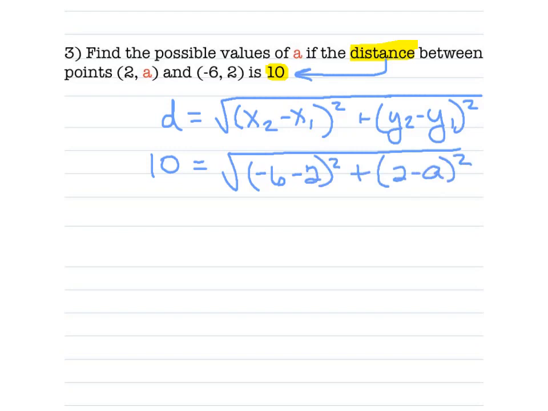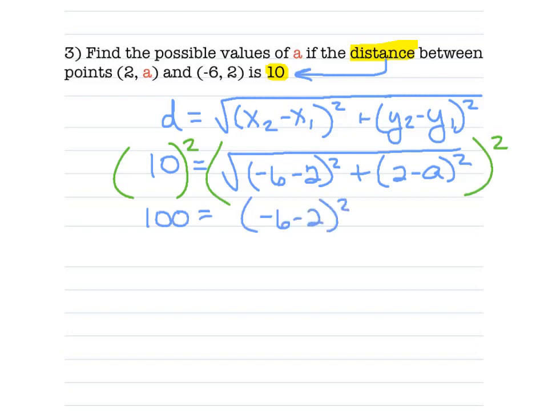Okay, to begin this problem, remember that our goal is to solve for a, which is within two grouping symbols. It's within parentheses and it's within the square root symbol. So the first thing I need to do is get rid of that square root symbol, and the way that I do that is I need to square both sides of the equation. 10 squared is 100. 100 equals (-6 minus 2) squared plus (2 minus a) squared.